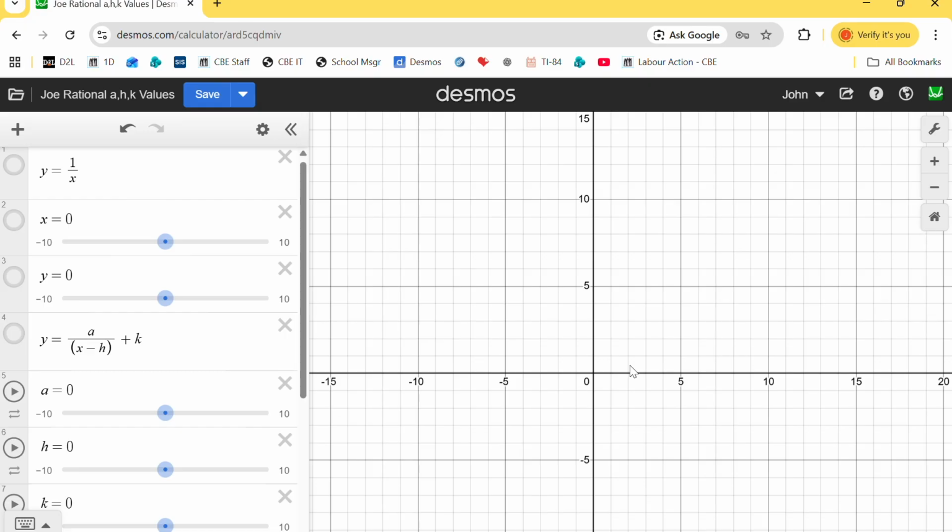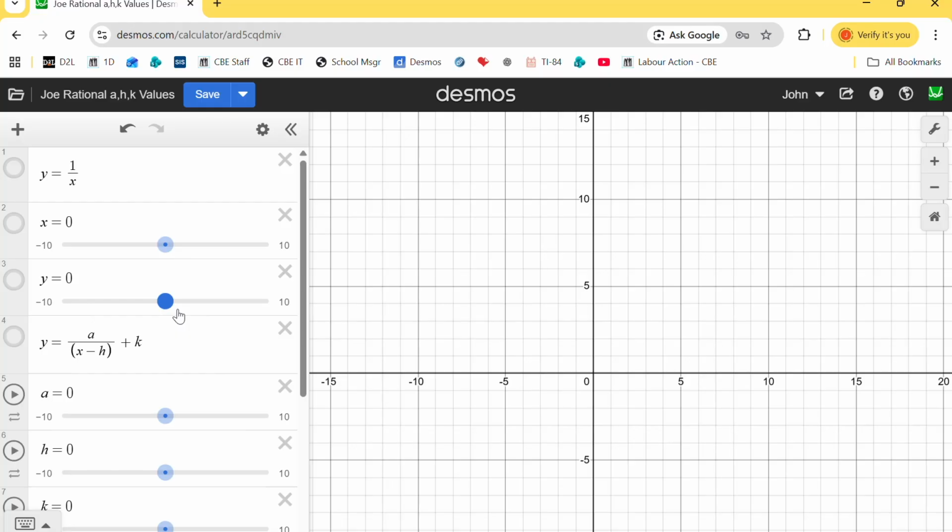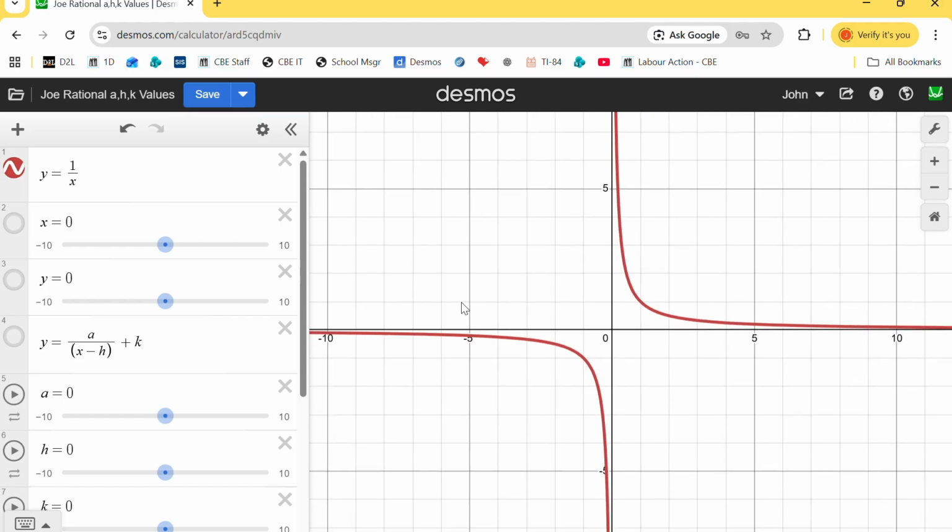Okay, everyone, over at Desmos, we're comparing the graphs of y equals 1 over x and y equals 5 over x minus 3 plus 2. So here's our Joe rational. We graphed this on the previous page, and then because of our non-permissible values, I have a vertical asymptote at x equals 0 right there, and then horizontal asymptote at y equals 0 right here.